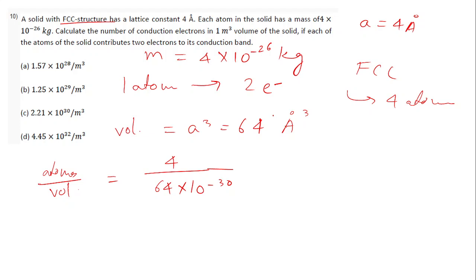Because 1 angstrom is 10 to the power minus 10 meter, cubed. So the atoms per unit volume is 1 over 16, means 6.25 times 10 to the power 28 atoms per meter cube.